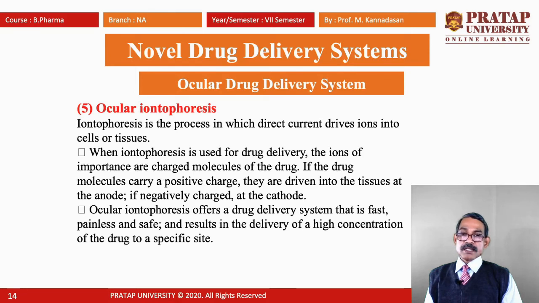When iontophoresis is used for drug delivery, the ions of importance are charged molecules of the drug. Suppose the drug molecules have positive or negative charges, accordingly they get ionized and produce electrical current. If the drug molecules carry a positive charge, they are driven into the tissues at the anode.